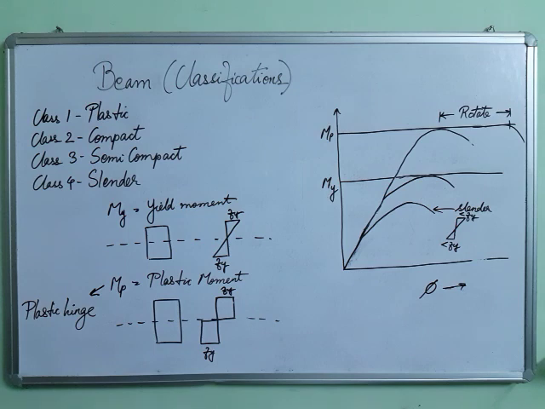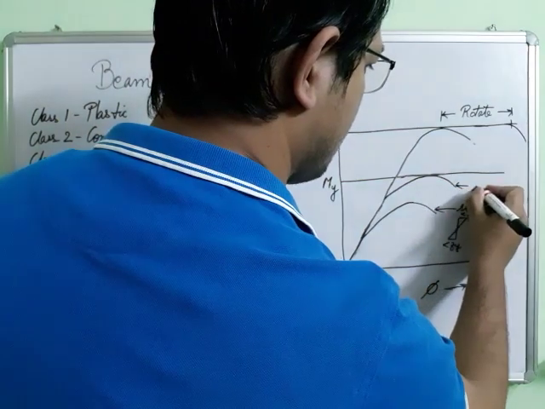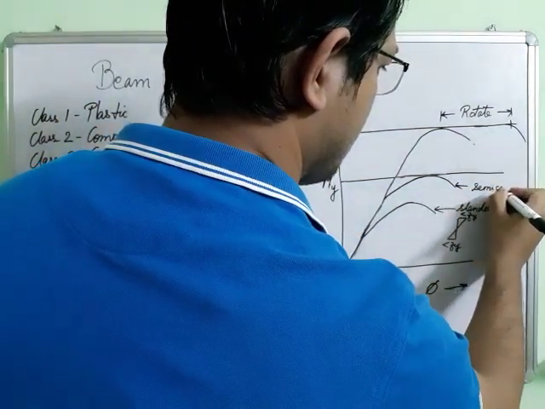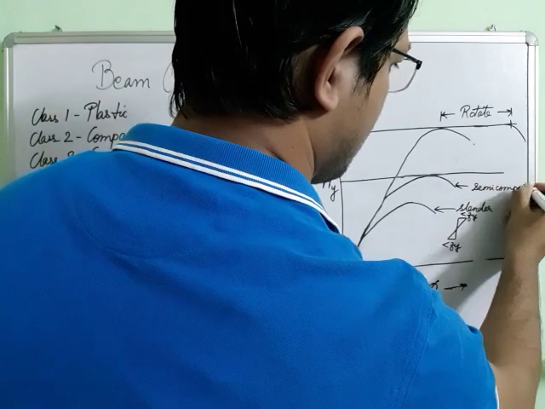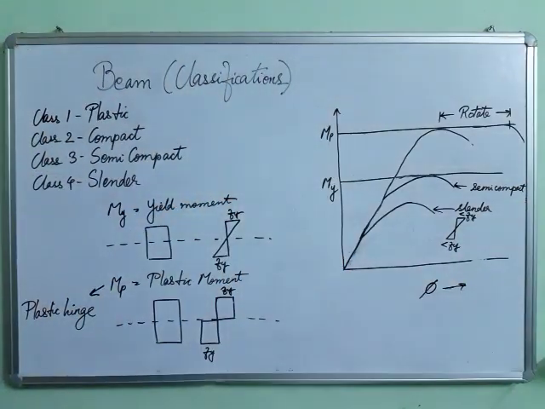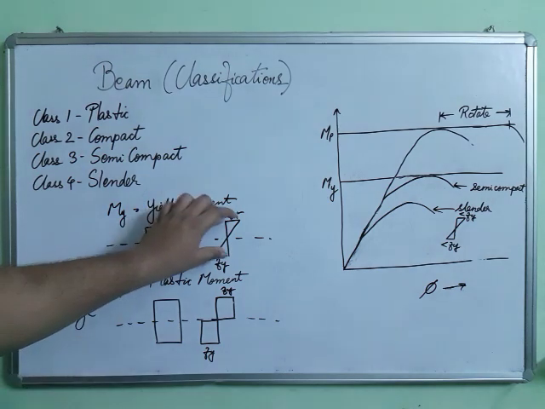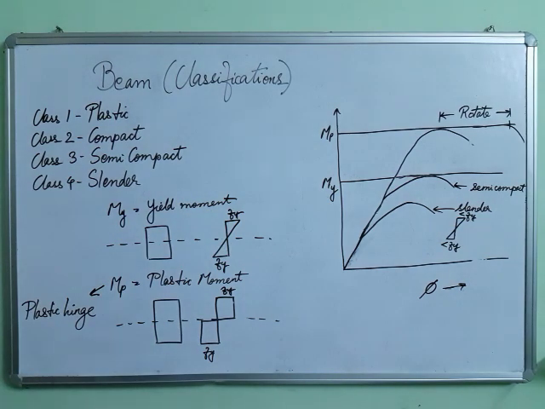Now, what will happen to the semi-compact section? The semi-compact section curve is this one. So for semi-compact section, the extreme fibers will reach yield stress. Okay, the extreme fibers will reach yield stress, and then there will be some buckling.